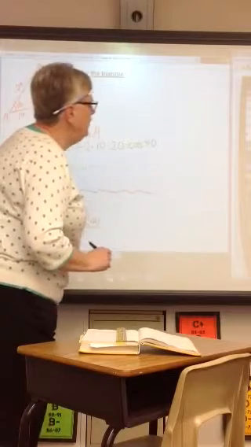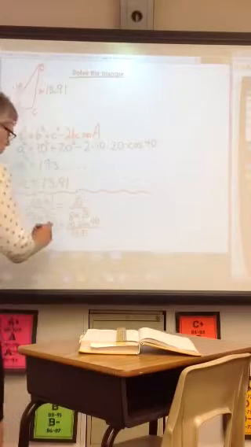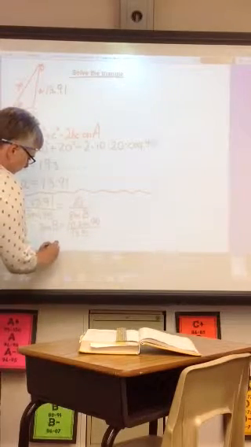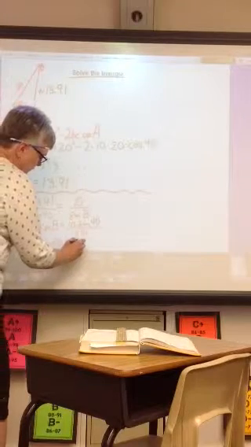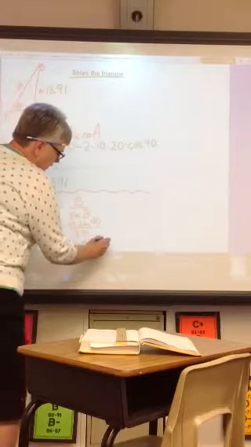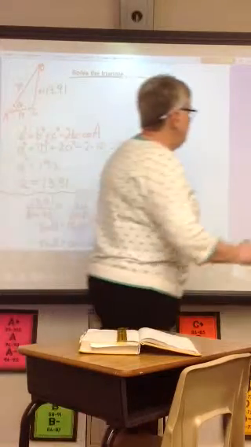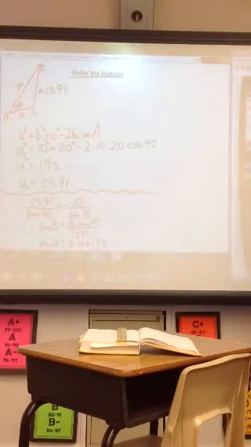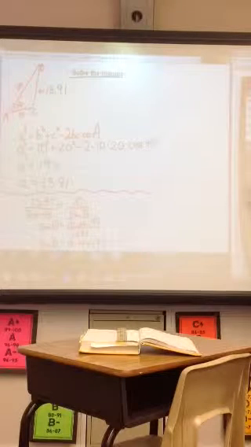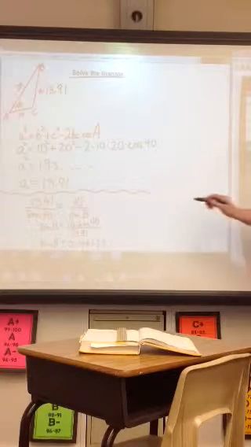So sine b is 0.4619. But I want to find the angle itself. So to find the angle itself, I have to use my second function. So I'm going to go second sine of that answer I had before. And now I have my angle B is about 27.5.